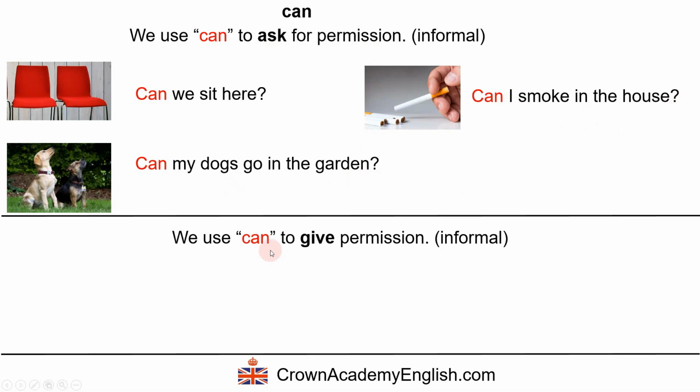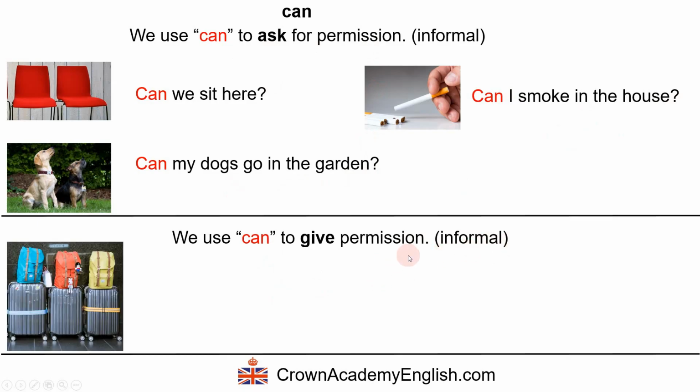We can also use can to give permission to somebody. We're giving permission to someone. And again, this is quite informal. They can leave their bags here. Subject, modal, base form of the verb.